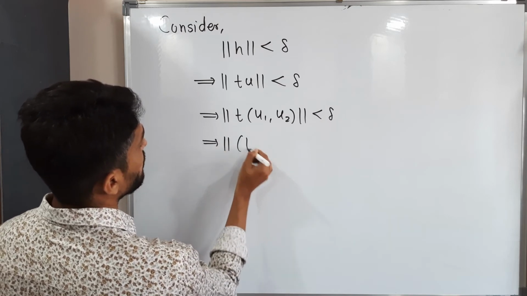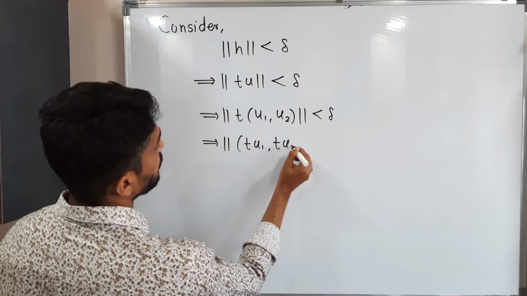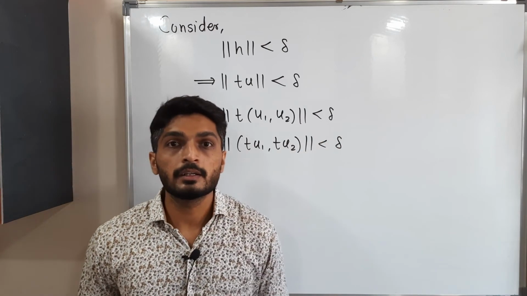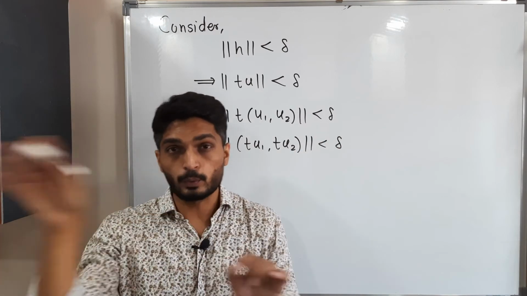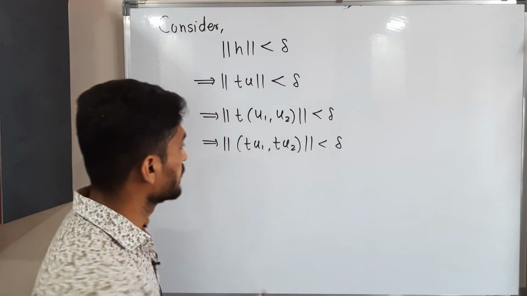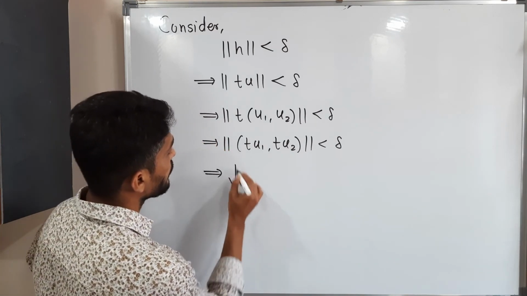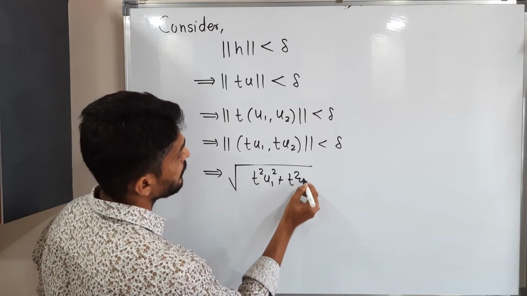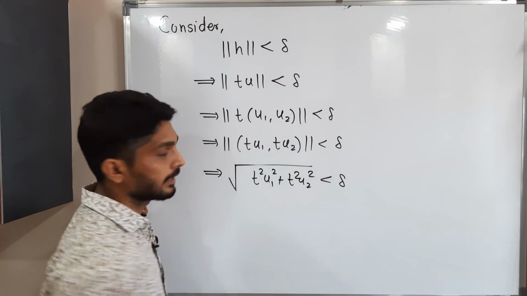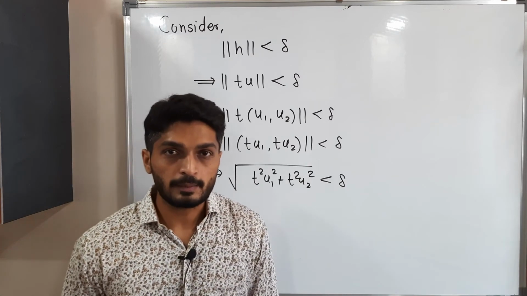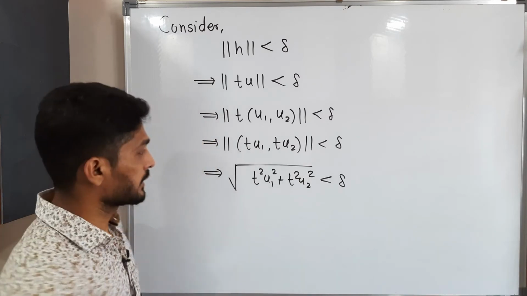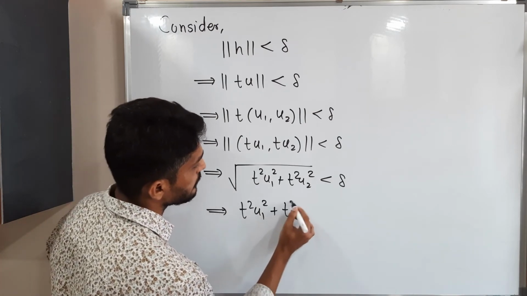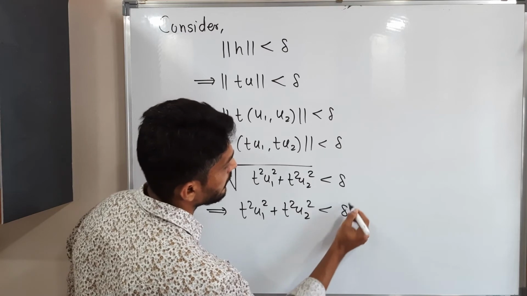Here u is u1 comma u2, so I multiply: tu1, tu2 has norm less than delta. You know how to find the norm: square root of the square of the first plus the square of the second. So the square root of t square u1 square plus t square u2 square is less than delta. To remove the square root I take the square of both sides: t square u1 square plus t square u2 square less than delta square.